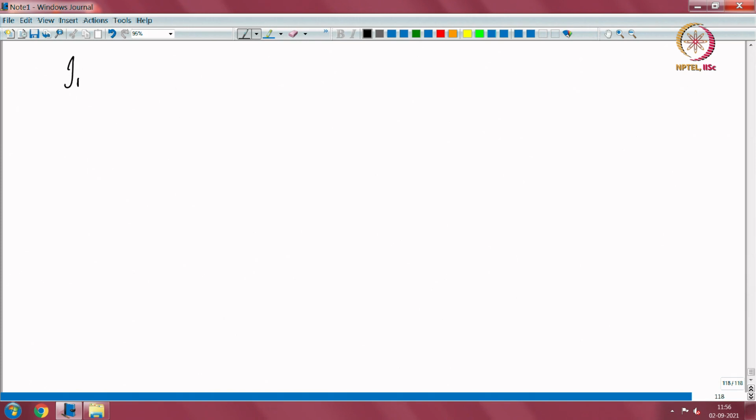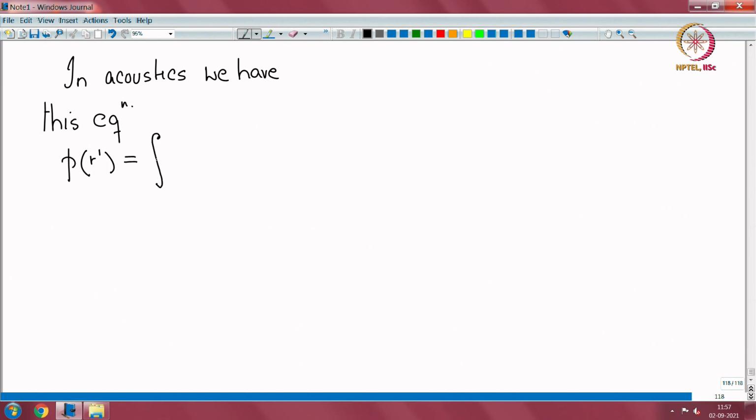So in acoustics we have this equation, which is P of R dash is equal to the integral of G del P dot N minus P del G dot N ds.